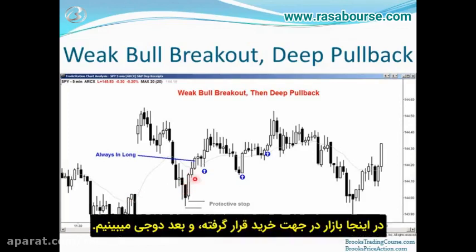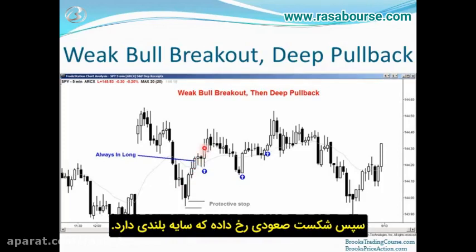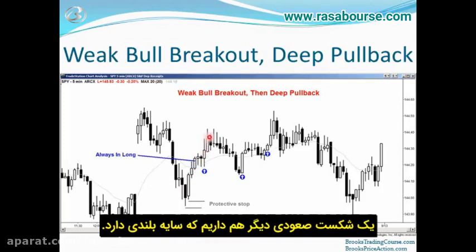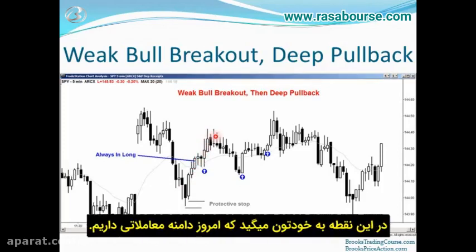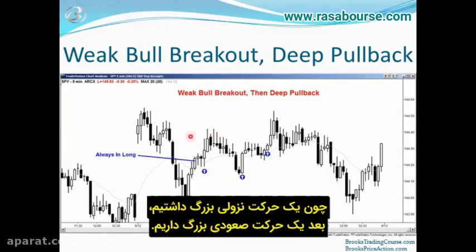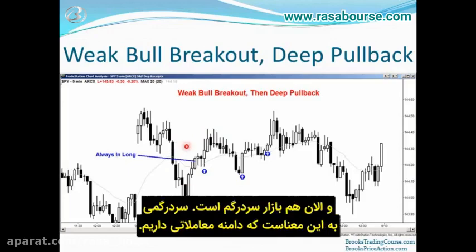So anyway, when you're seeing the market flipped always in long, then you see doji, bull breakout, but a big tail, another bull breakout, but a big tail, more tails. At this point, you're thinking, yeah, this could just be turning into a trading range day. You know, big down, big up, big confusion. Confusion equals trading range.